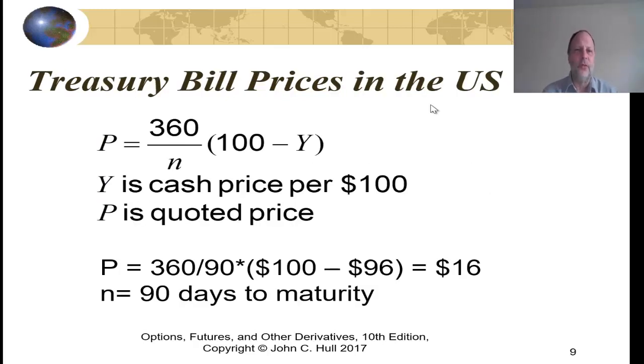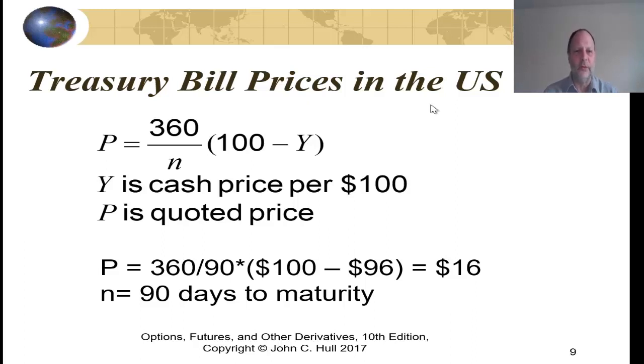And United States Treasury bill prices are handled strangely, like many things involving bonds. Looking at this equation, P is the quoted price, N is the number of days to maturity, and Y is the cash price out of 100, so they normalize our Treasury bills to being $100, even if they're $1 million, whatever.